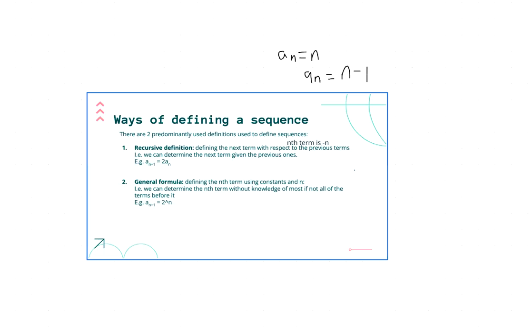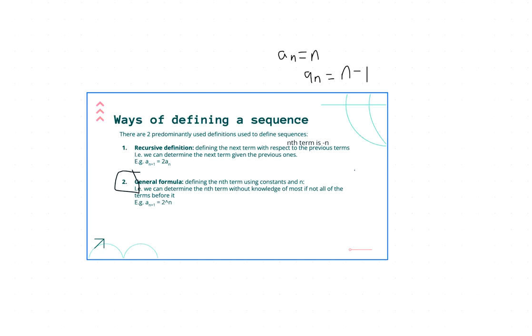But there are also a lot of other ways that you can define things. So this is the general formula, right? But when we're defining things recursively, we have another way of displaying what our sequence is relative to the previous term.